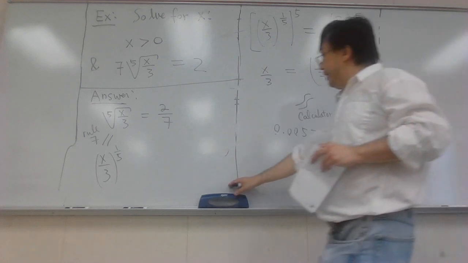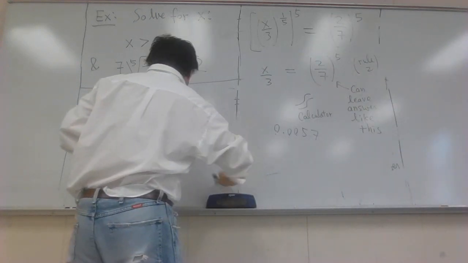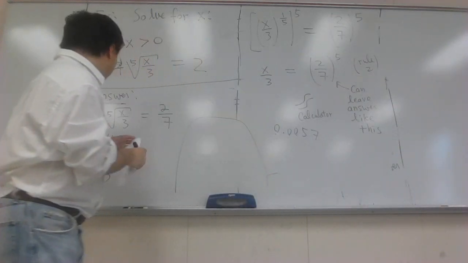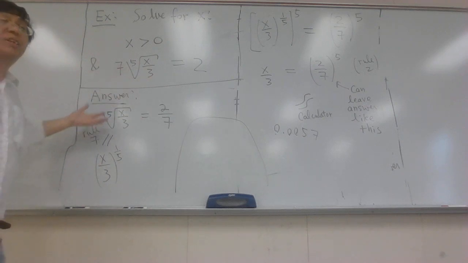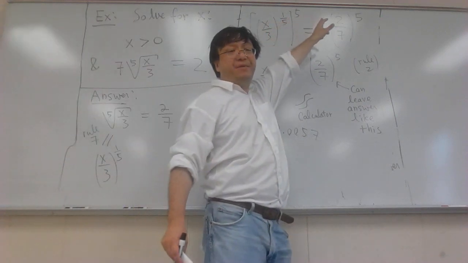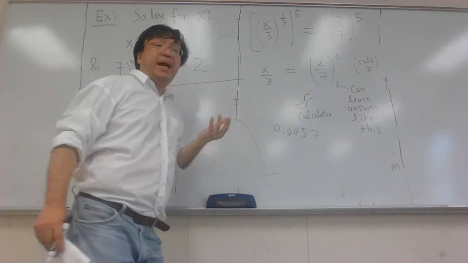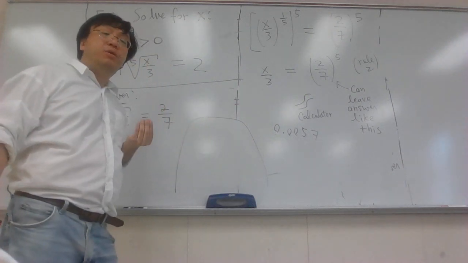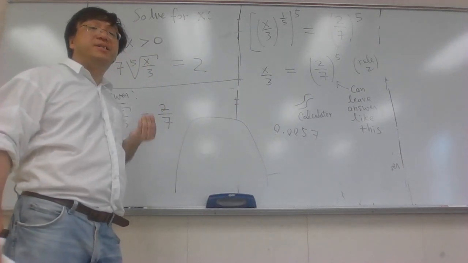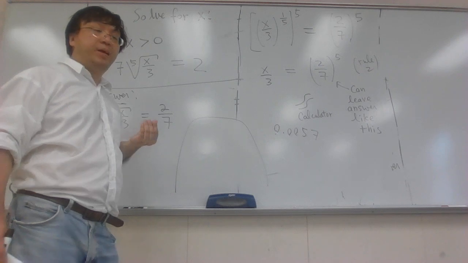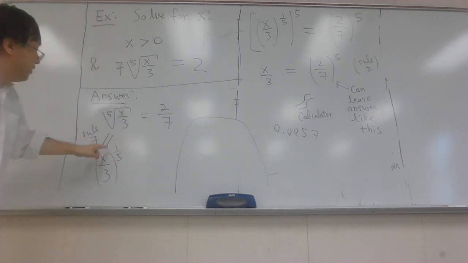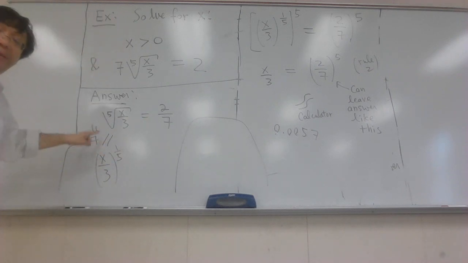The key thing here is, why did I take this equation to the power of 5? We're using rule 2, so basically we want to make this 1 over 5 into a 1.